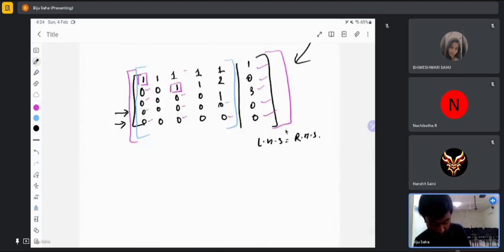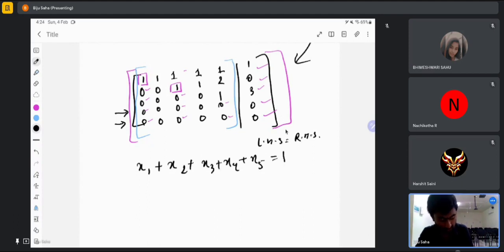Does that give rise to inconsistency, or does it make the system consistent? When I write it out, this is the form that I get when I express the first row. And the other rows look as follows. Sorry, this is x5.